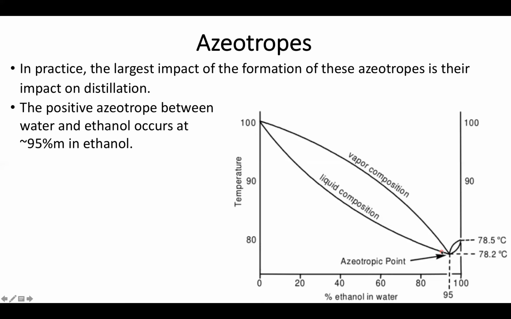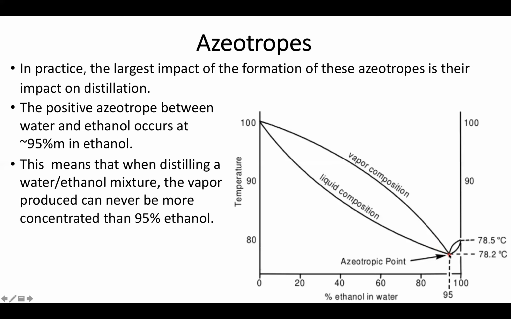Normally we could get a system that was 100% ethanol. Here, because of the azeotrope, you can never end up producing a vapor that's more concentrated than 95% ethanol, because if I end up boiling the system here, the vapor composition and the liquid composition are identical.